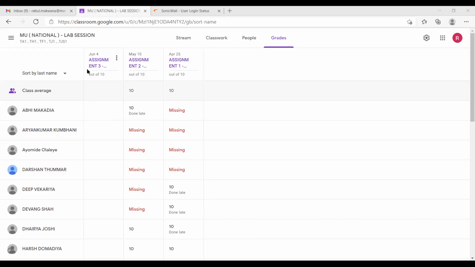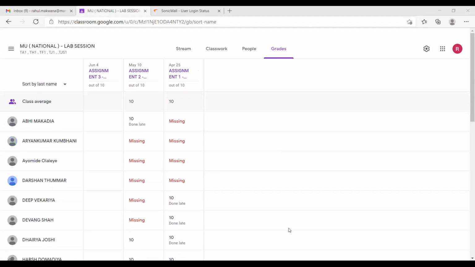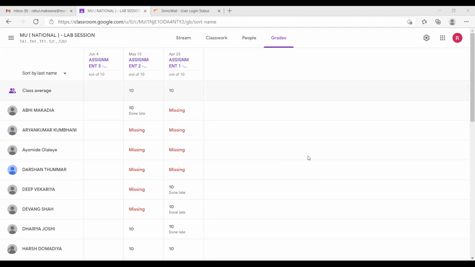Students, can you see the grades of your lab session for assignment 1, 2, and 3? Can you see grades? Okay. So this is the scenario, students.